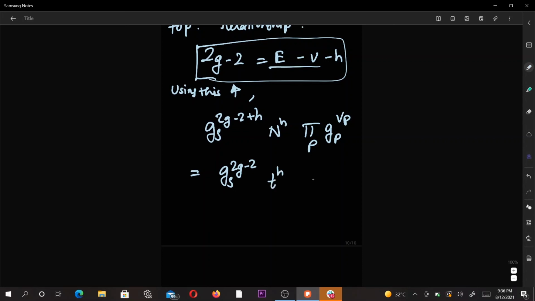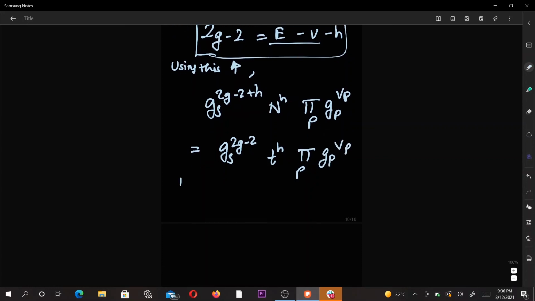Sometimes it's written like this. I'll explain a bit what T is. T is equal to N g_s. It's called the 't Hooft parameter.